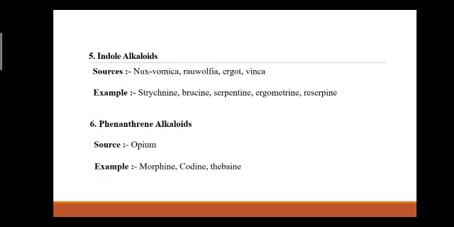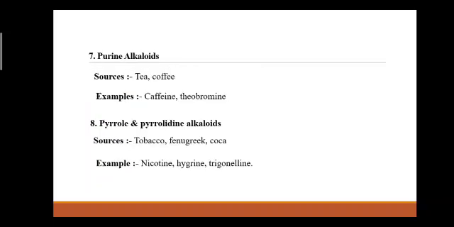Sixth class, phenanthrene alkaloids. Source: opium. Examples: morphine, codeine, thebaine. Seventh class, purine alkaloids. Sources: tea and coffee.